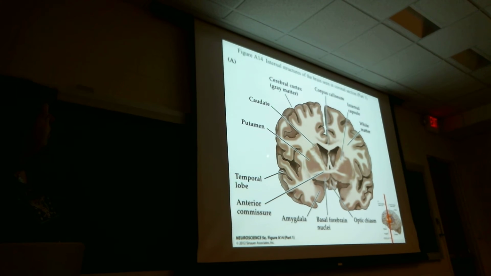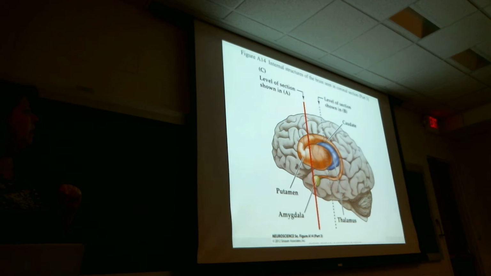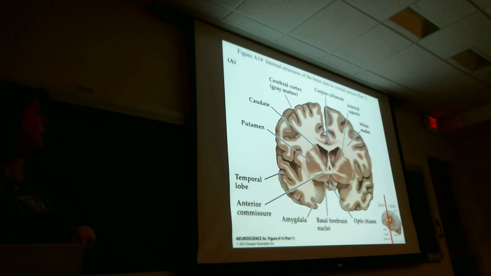Let's see. So that's the cortex. You have the temporal lobe, and basically the frontal lobe here. And then in the interior, you have the corpus callosum. That's that big superhighway of white matter that connects the two hemispheres. And then you have these structures. They have that three-dimensional space-filling model. Let's go back. Okay, so you have to think of that structure, and then think of this as a cross-section through that structure.